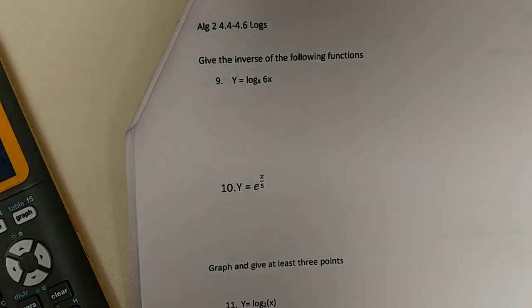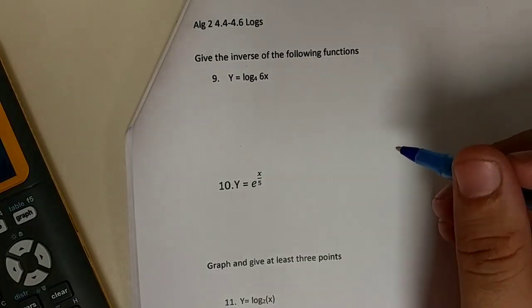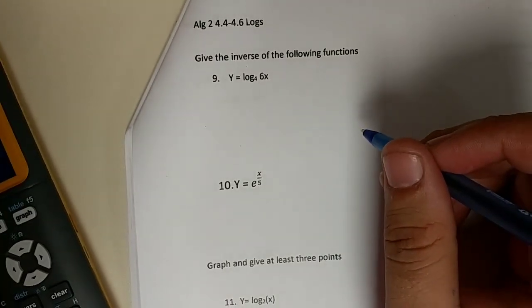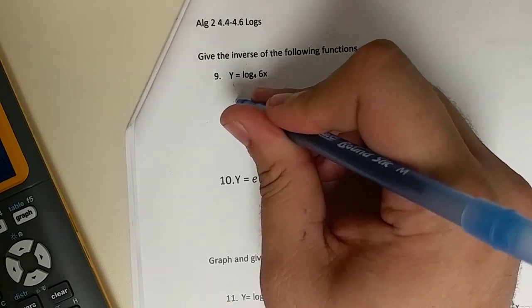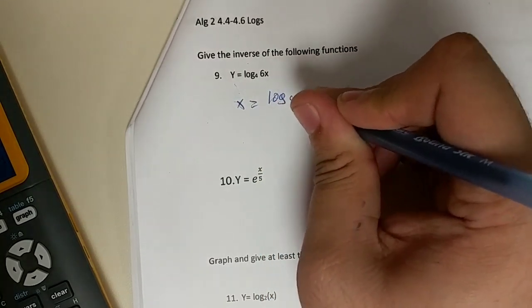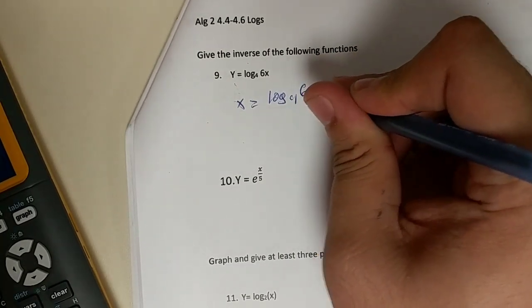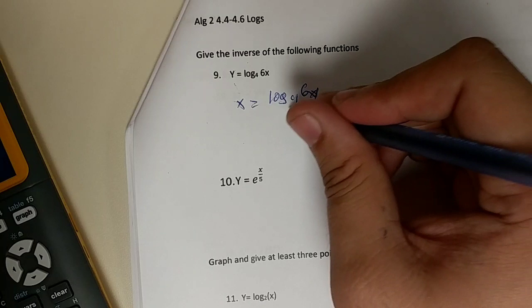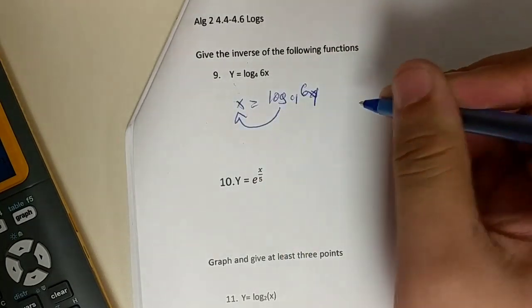Ooh, give us the inverse of these functions. To get the inverse of any function, what you have to do is switch x and y. So I'm going to switch x here, equals log base 4 of 6y. Now I need to get rid of the log base 4, so just slip it underneath the other side.